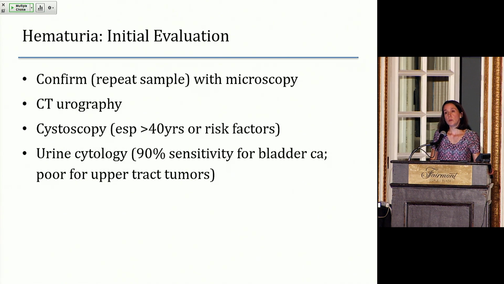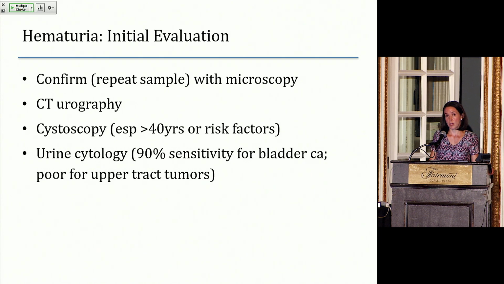So what do we do when we see patients with hematuria? First of all, it's important to confirm the presence, and confirm it on microscopy. All patients should have urine microscopy to be sure that they actually have more than 2 red cells per high-powered field. The American Urological Association guidelines are that all patients should have CT urography, and I'll talk about this a little bit more because there was another paper published last month that looked at the risk-benefit of this.